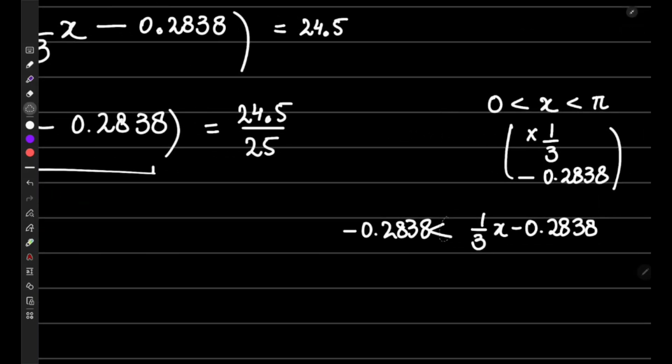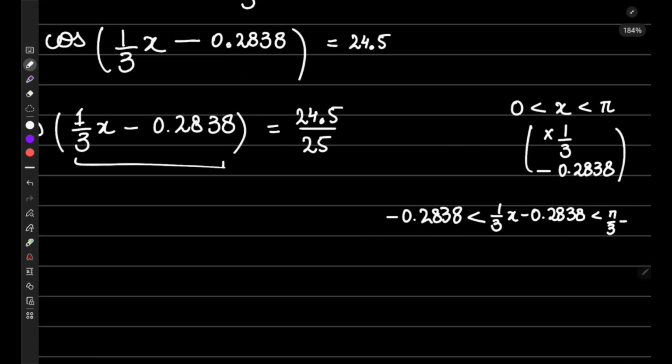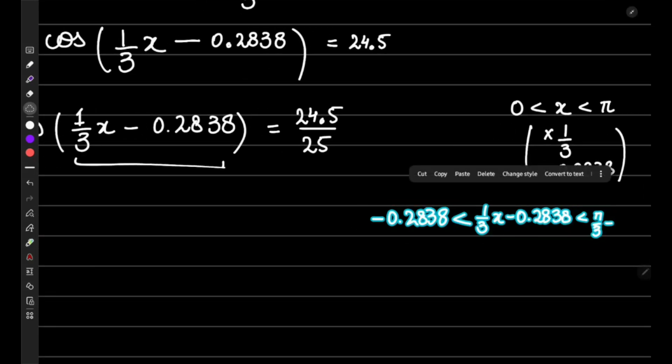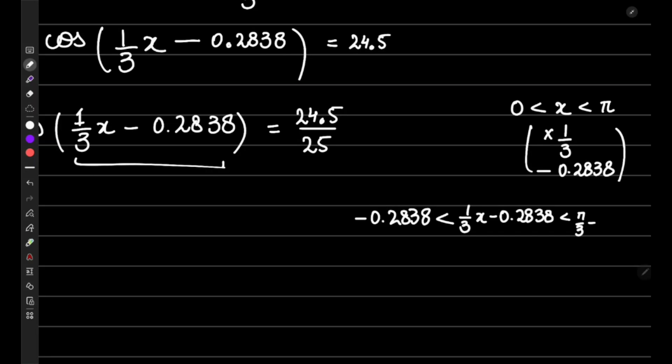Your pi becomes: first you multiply it by 1 by 3, so it becomes pi by 3, and then you subtract 0.2838, so it becomes pi by 3 minus 0.2838.